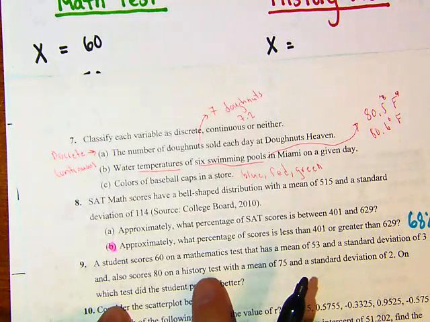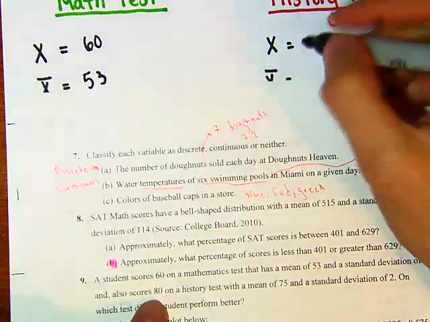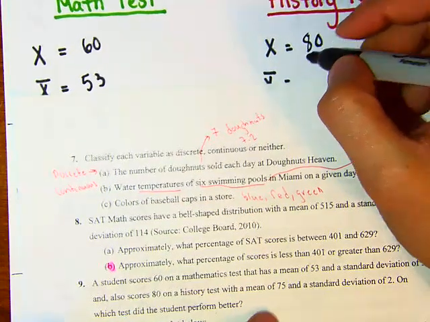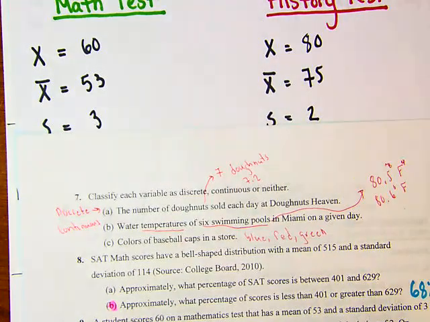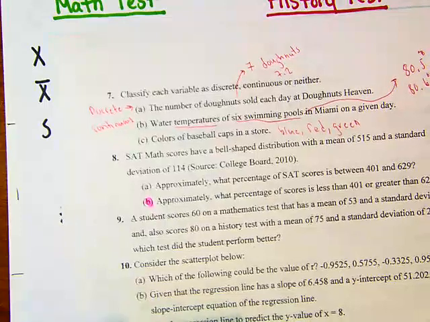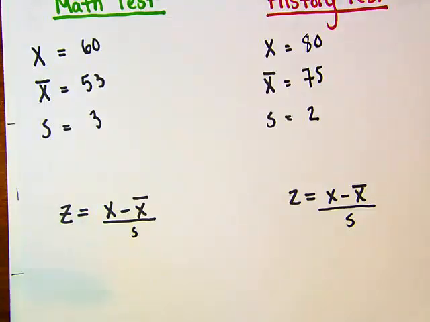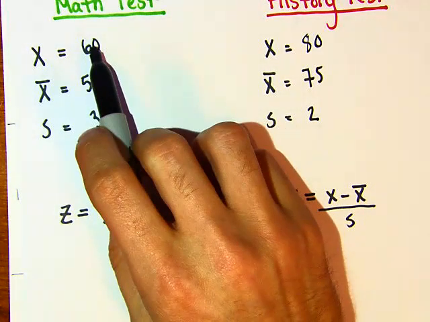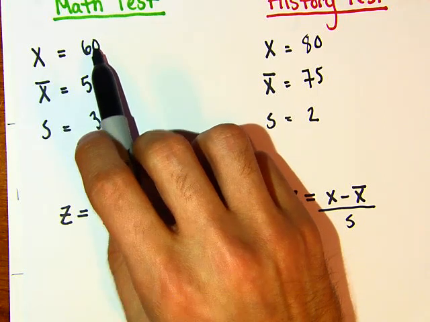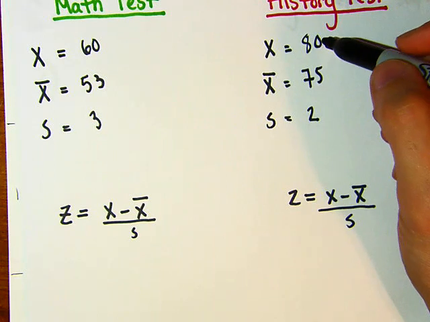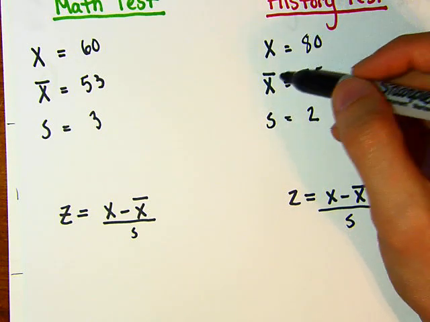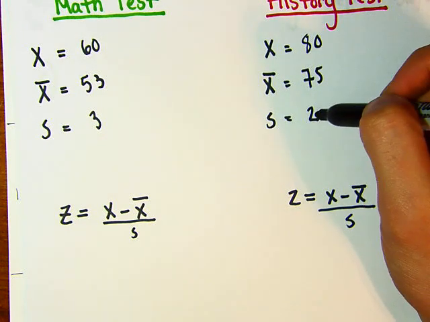For the other part, it says on the history test, he scored an 80, the mean was 75, and the standard deviation was 2. So we want to see whether a 60 on a math test with a mean of 53 and a standard deviation of 3 is better than an 80 with a mean of 75 and a standard deviation of 2.